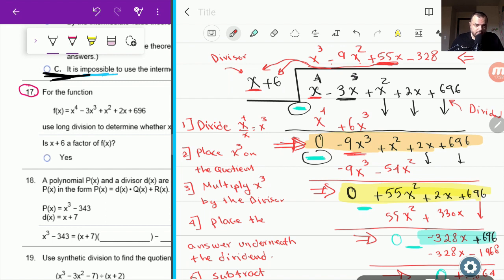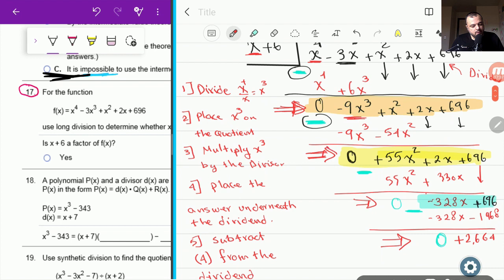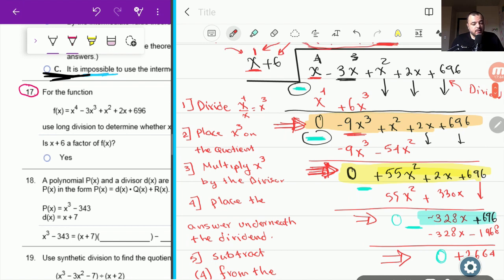What is its degree? It's 3. What is the degree of the divisor? It's 1. Is it higher than the divisor? Yes, keep going. Then we get to the new dividend here in yellow. Its degree is 2, and the divisor's is 1. Still higher? Yes, keep going.